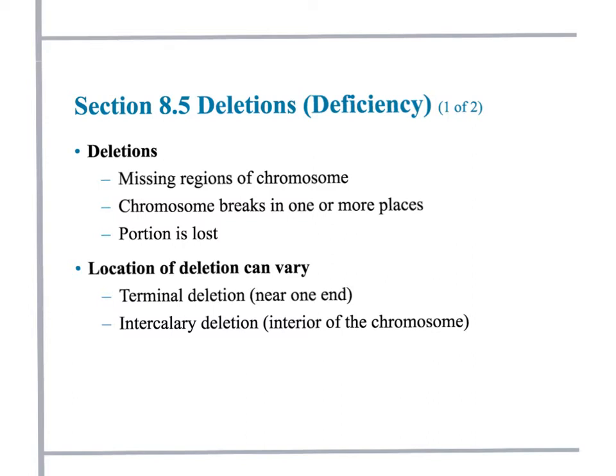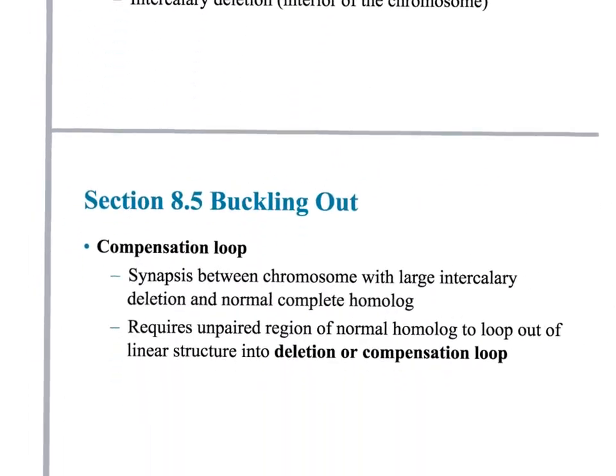You can have material deleted off the terminal end, or intercalary deletion is the interior of the chromosome. So it's not the ends of the chromosomes, everything between the ends is fair game for deletion. So terminal deletion is at or near the end, whereas the intercalary deletion is within the body of the chromosome.